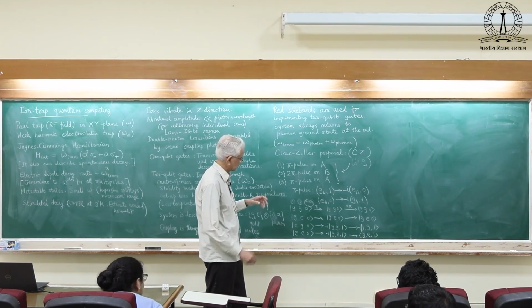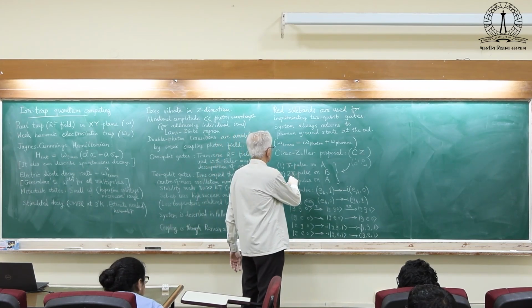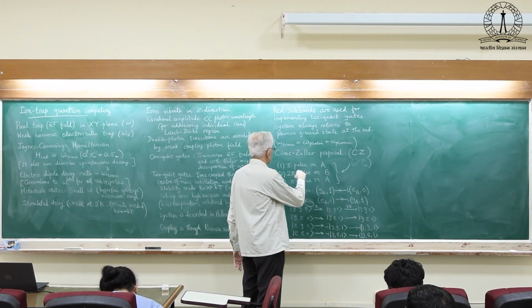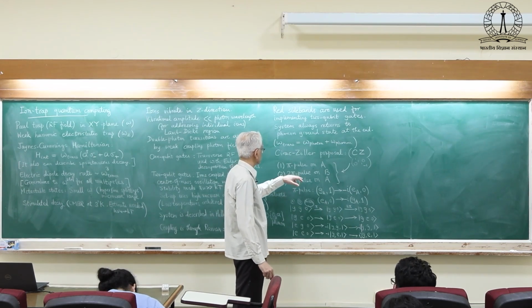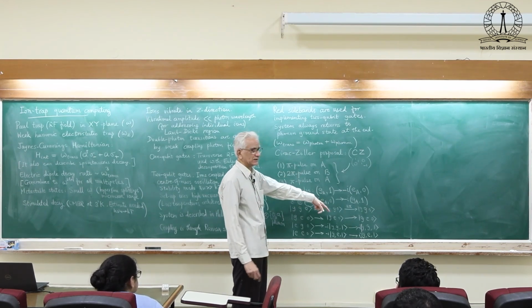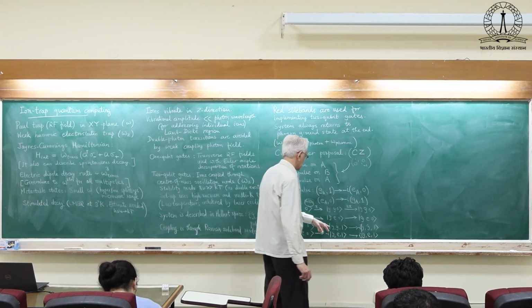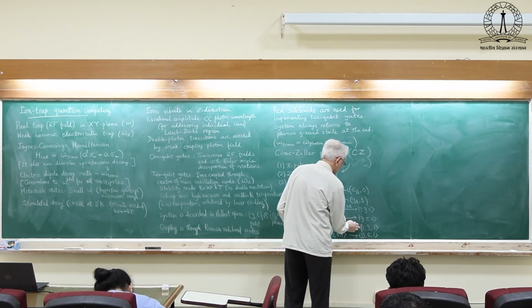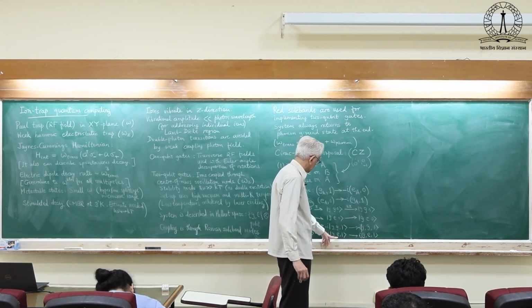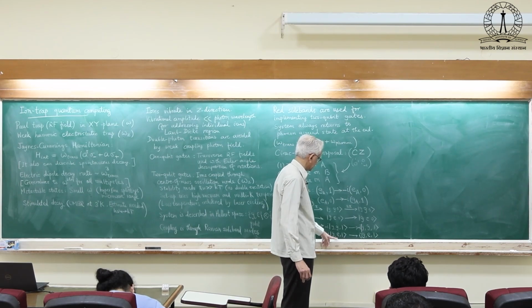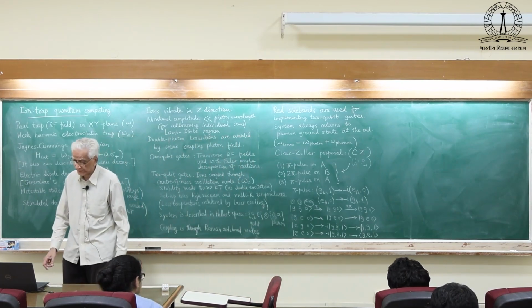Wait, let me see. e raised to i 2 pi times sigma by 2, so e raised to i pi sigma. Yes, the sine doesn't contribute. It's cosine of pi, which is minus 1. That is what produces the sign change. So this is going to occur, but it's only going to act on the excited state, which will flip the sign, and nothing will happen to the ground state.